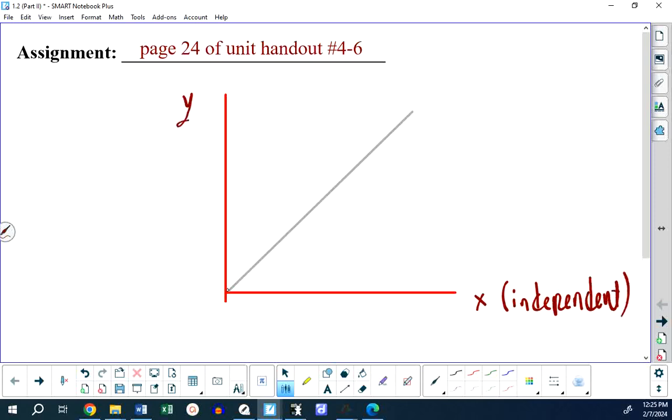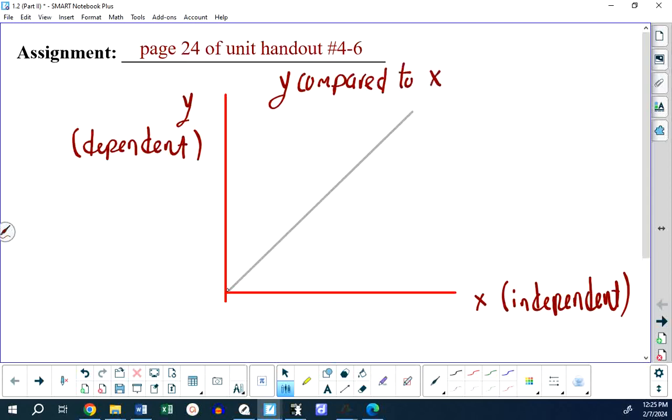This is the dependent variable. The title of the graph is always your dependent variable compared to your independent variable. You always put numbers and labels on the axes, the horizontal and vertical axis.